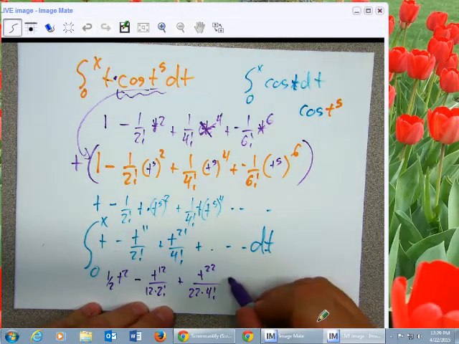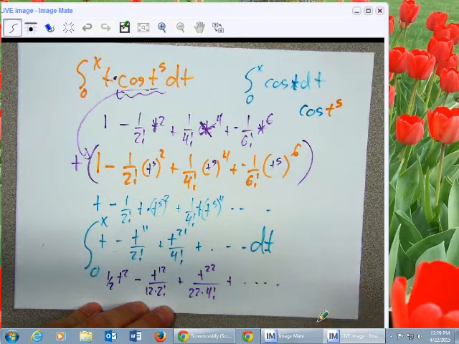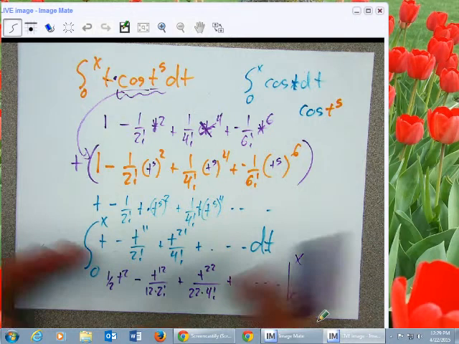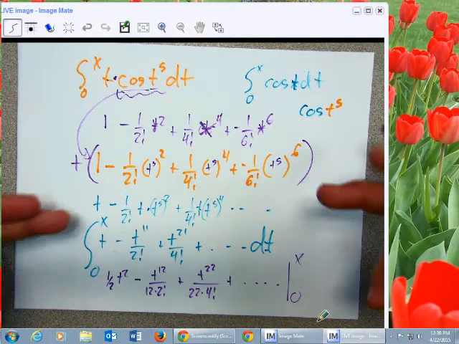Now, of course, we can't integrate on to infinity between 0 and x. What we're going to need to do is throw our x's in because we have now integrated.